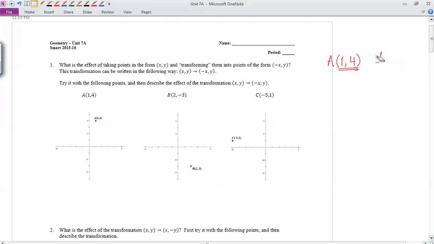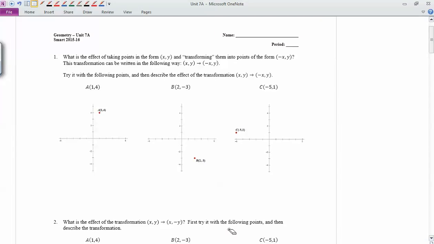Okay, so in number 1 here, we've got this transformation rule given to us. (x, y) turns into (-x, y). So we're going to try it with 3 points. A is (1, 4), now notice the only thing that changes is the x becomes negative. So A is going to turn into A prime.